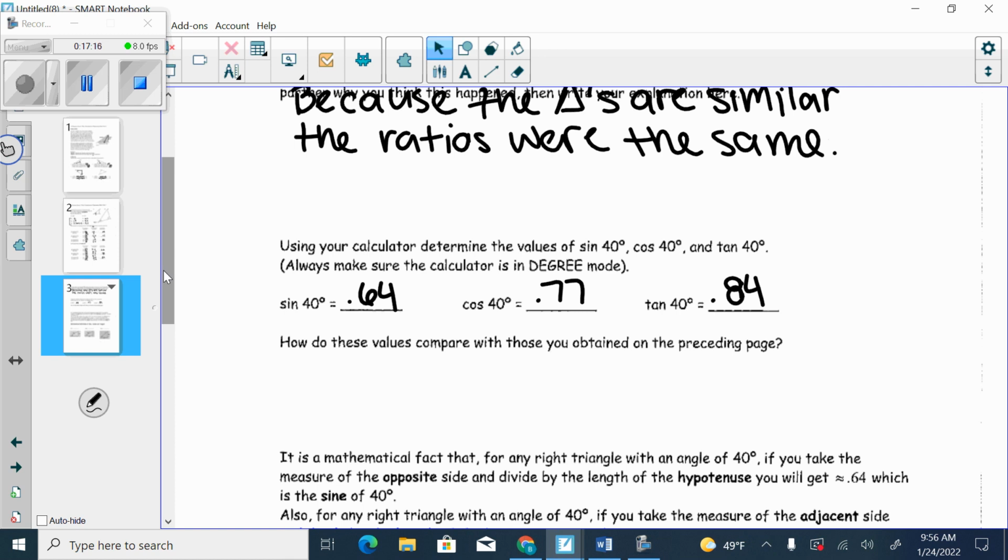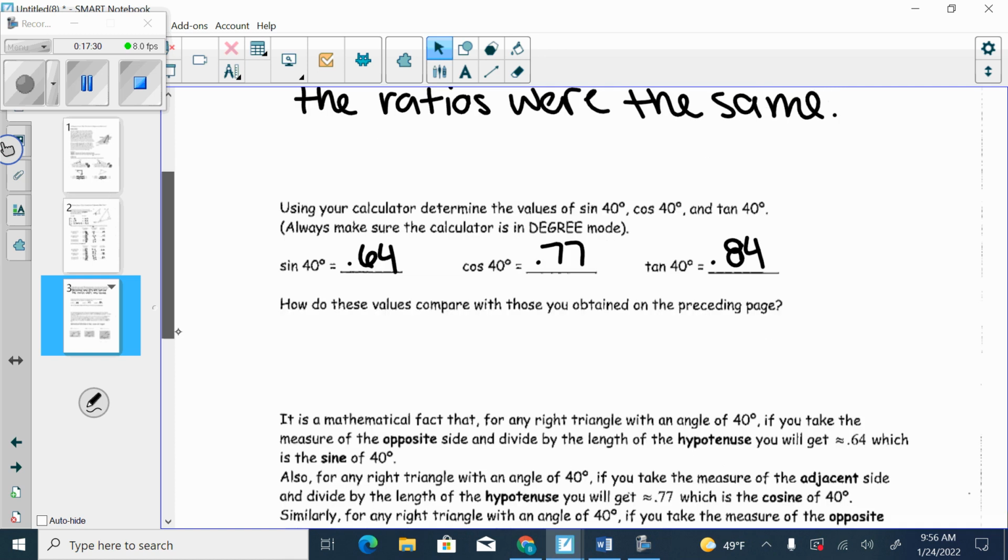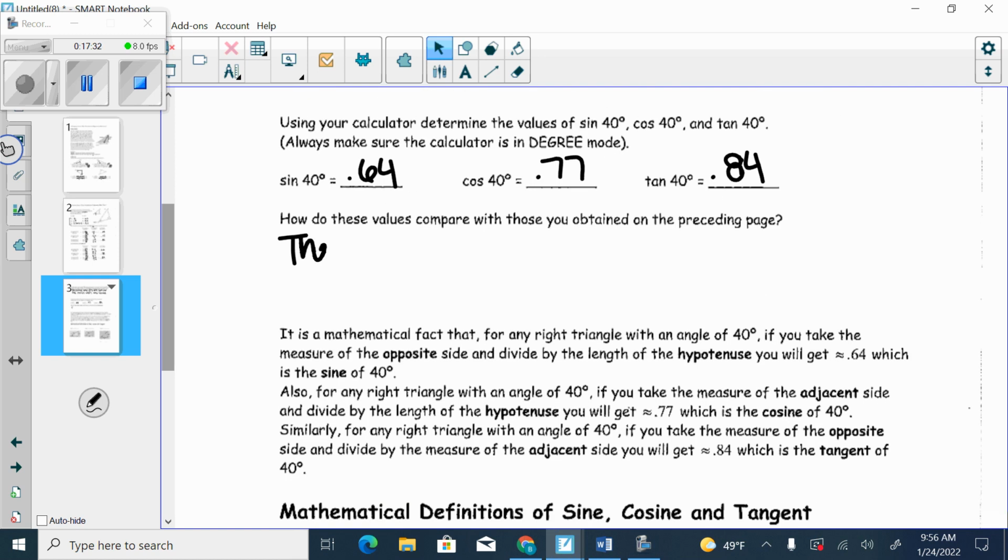Yes. So these decimals, how do those compare to the decimals that we just filled in for our other triangles? Are they pretty close? Yes. So that's what we're going to say here. These decimals are very close.